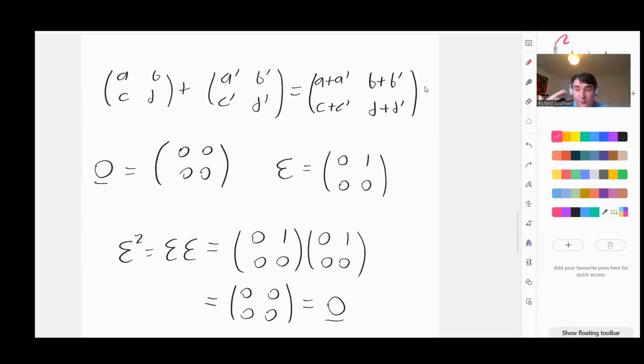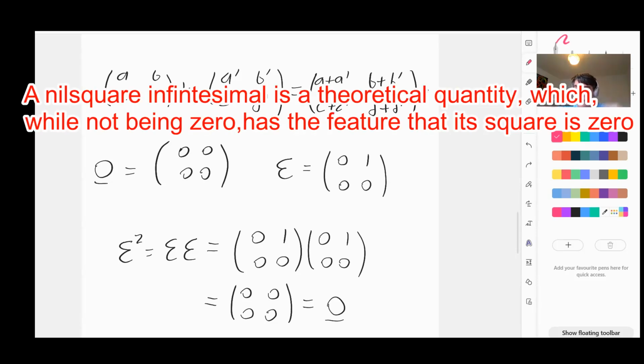So if you've watched my videos on smooth spaces, you might find this particularly intriguing, because basically what we have here is a matrix which is acting like a Nil-square infinitesimal. So this is a really, really remarkable thing.